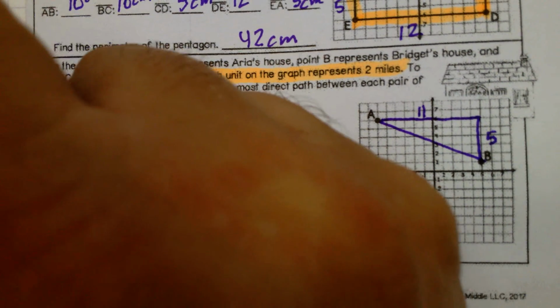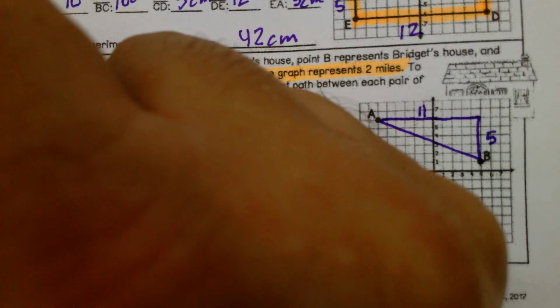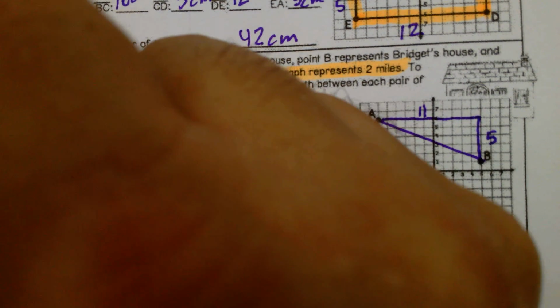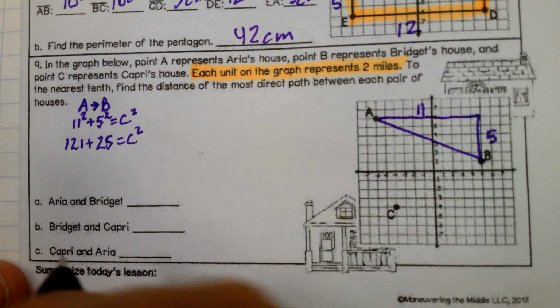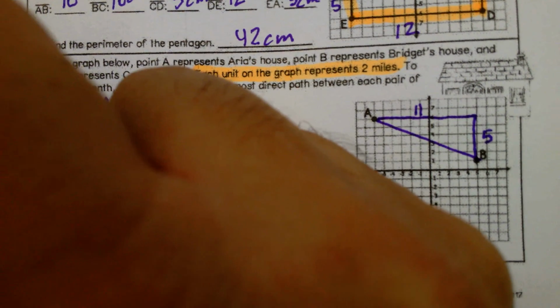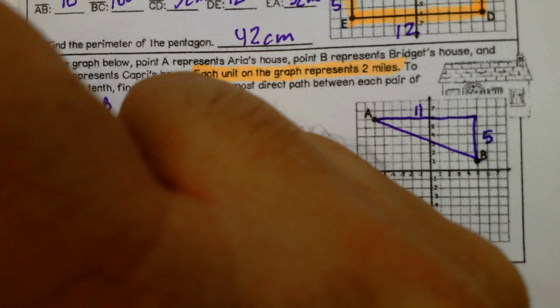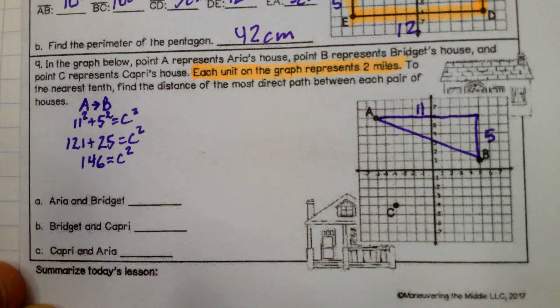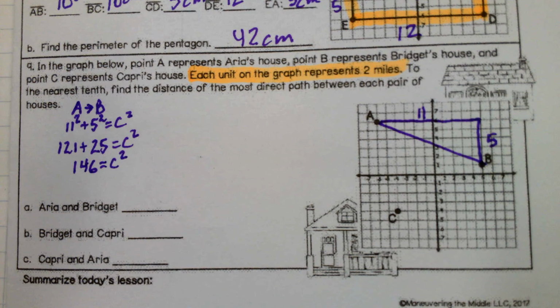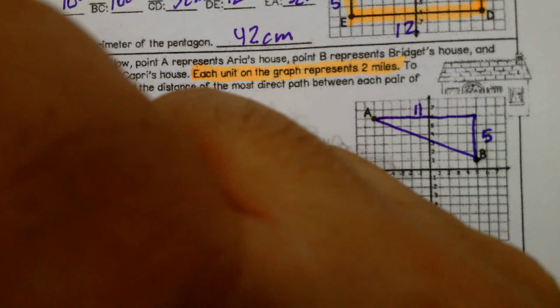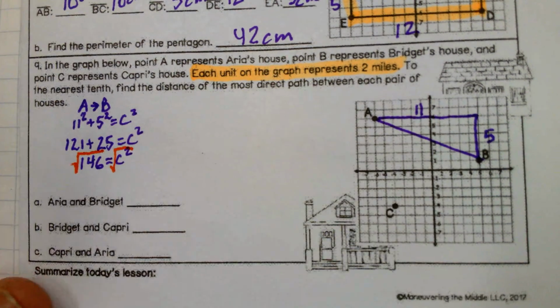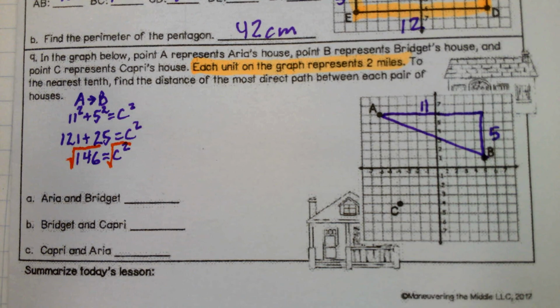So what is that? 121 plus 25 equals c squared. And that's 146. And now we have to find the square root of 146. It's about, yeah, 12.1.